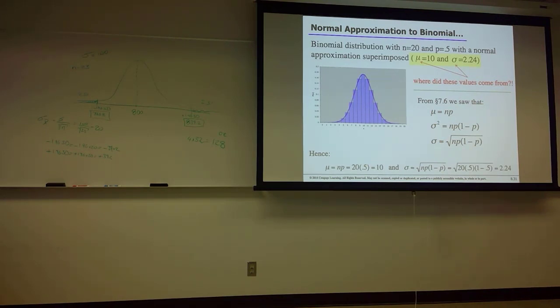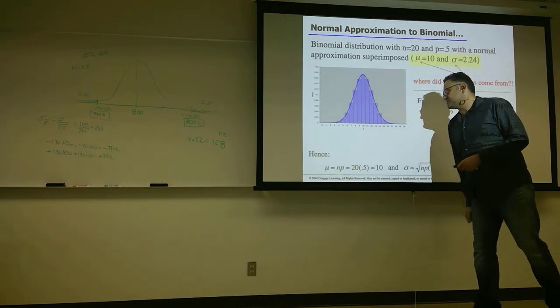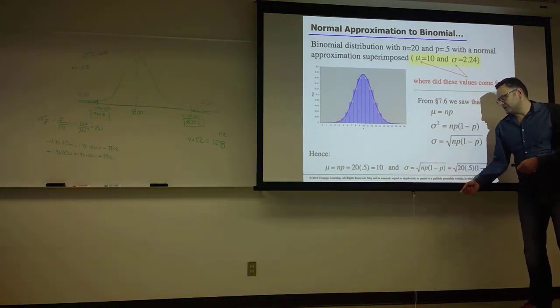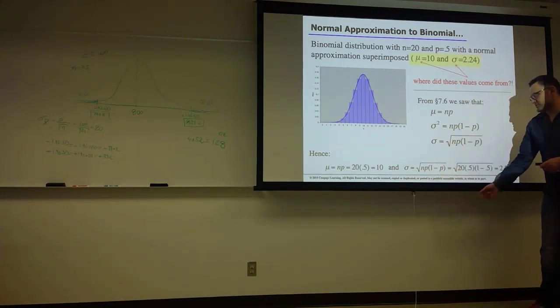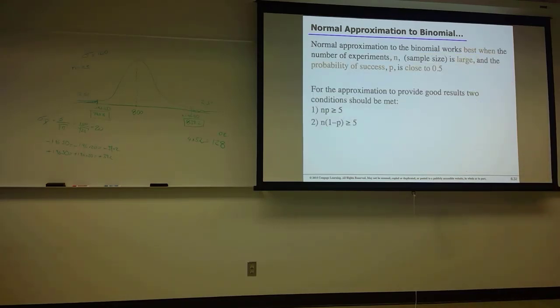So in this example, the mean would be n times p, so 20 times 0.5, which is 10. And our standard deviation would be 20 times 0.5 times 1 minus 0.5, and then the square root of that, so a standard deviation of 2.24, and that is describing it.